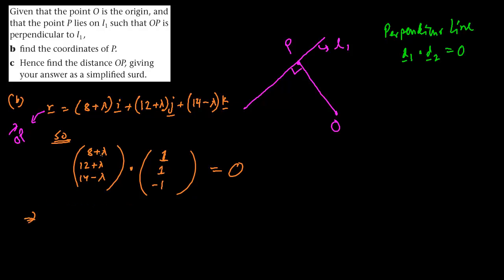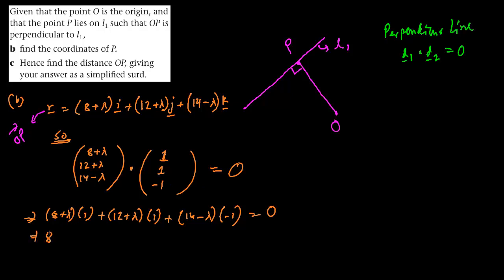So let's do the dot product. The coefficient of i multiplied by the coefficient of i: 8 plus lambda multiplied by 1, plus the coefficient of j multiplied by the coefficient of j: 12 plus lambda multiplied by 1, plus the coefficient of k: 14 minus lambda multiplied by minus 1, equals 0.